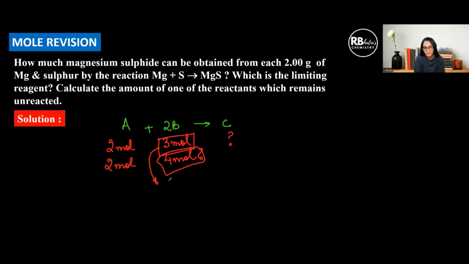So B this time is going to be the limiting reactant, and 3 moles of B will use how much of A?